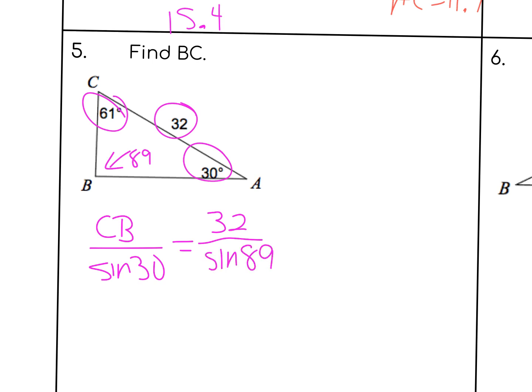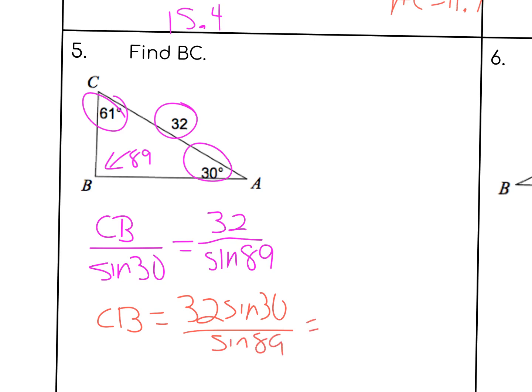Multiply both sides by the sine of 30, and I'm going to have 32 sine 30 over the sine of 89. 32 sine 30 over the sine of 89, and that's 16.